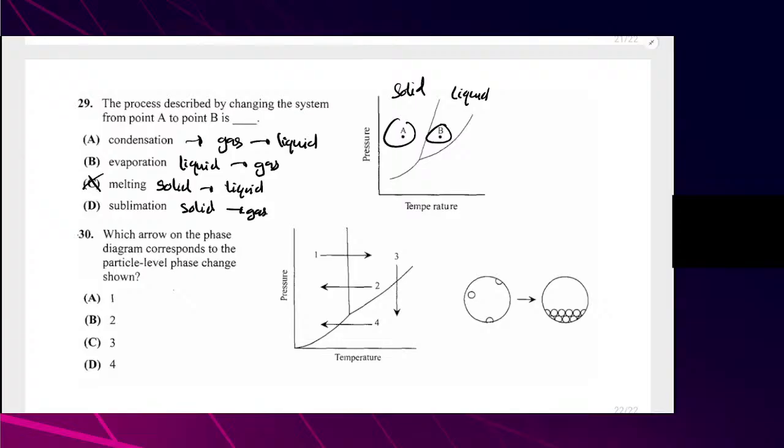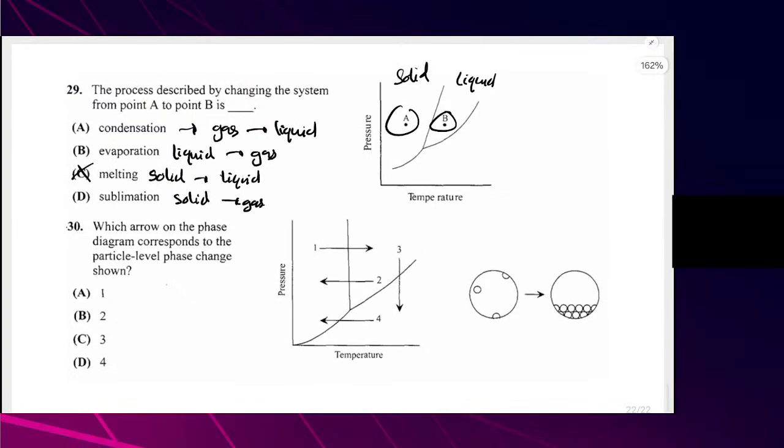Which arrow on the phase diagram corresponds to the particle-level phase change shown? See, from far apart to more condensed, more dense over here. Probably this one is gas, and this one, close together, condensed at the bottom, might be liquid.